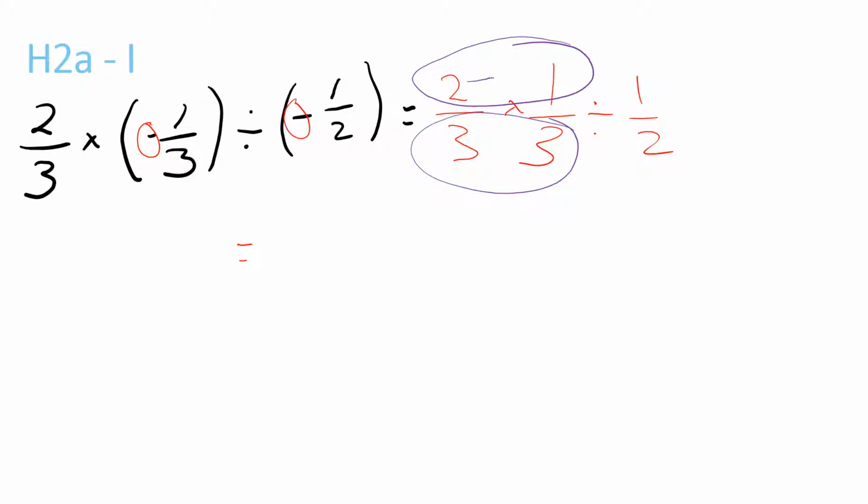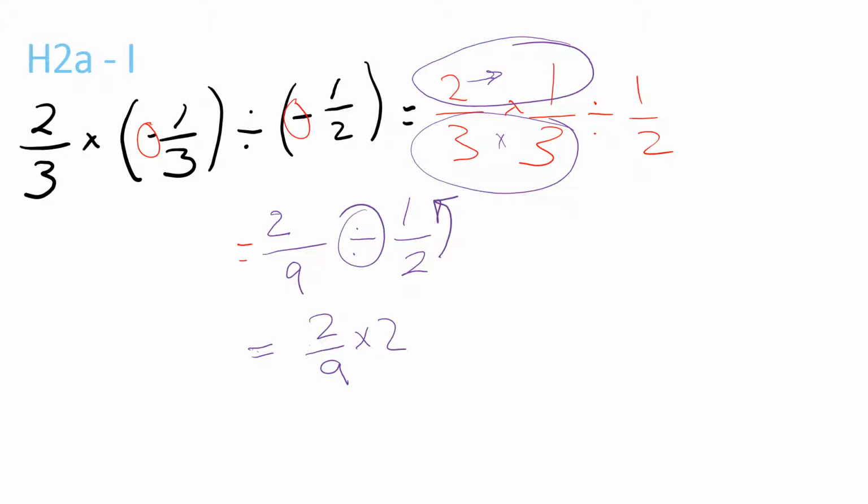So 2 times 1 equals 2, so 2 over 3 times 3 equals 9. So 2 over 9 times 2 over 1, because if it's division, you swap them around. So then it equals 2 times 2 is 4, so 4 over 9.